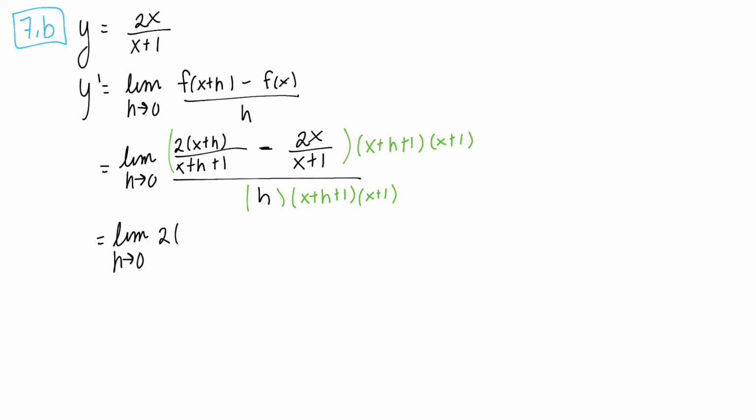That is going to give us 2 times x plus h. This guy gets an x plus 1, minus 2x, and this guy will get an x plus h plus 1. And then the denominator gets x plus h plus 1 and an x plus 1.